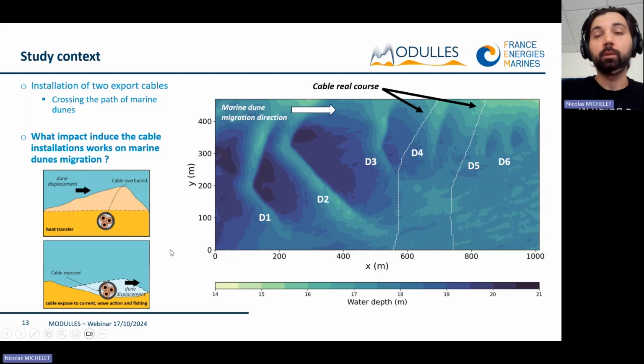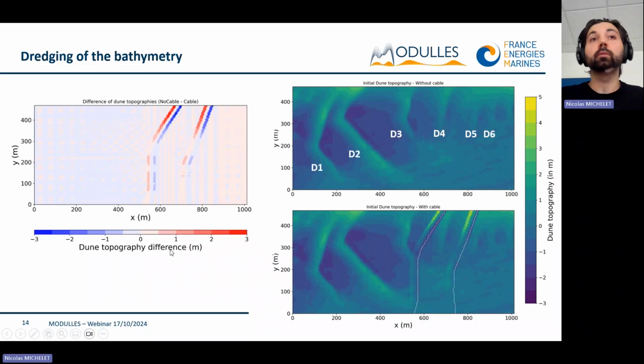To install these cables, we have to do some installation work and particularly some trenching. So after we have estimated the recommended burial depths, we have modified our bathymetry, as you can see here, to include these trenches.